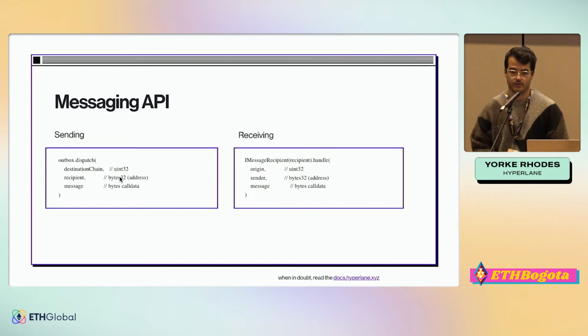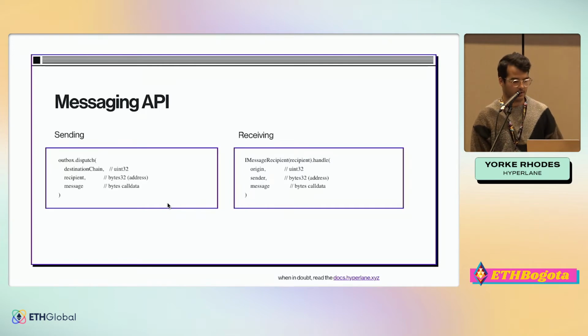basically there are two smart contract interfaces which are necessary to be implemented when using Hyperlane. On the sending side, you have to dispatch mail to an outbox on the source chain, which specifies the identifier of the destination chain that you want to send the mail to, the recipient address on that chain to receive the message, and then the message itself.